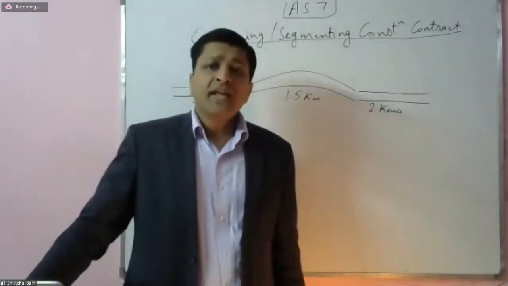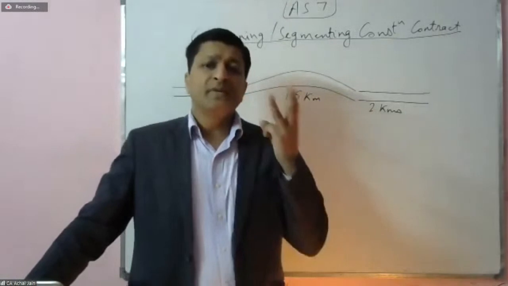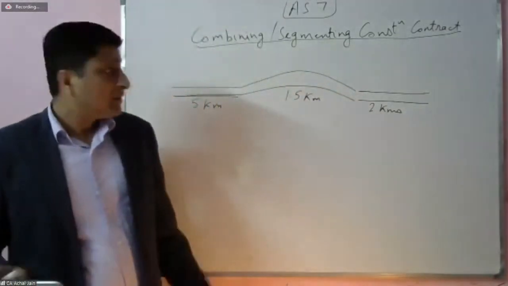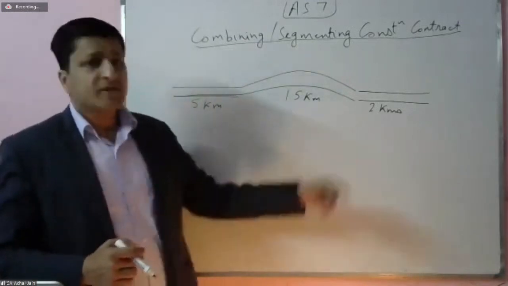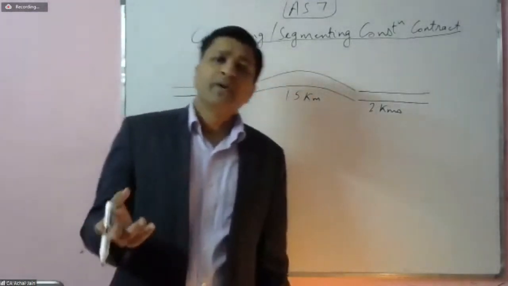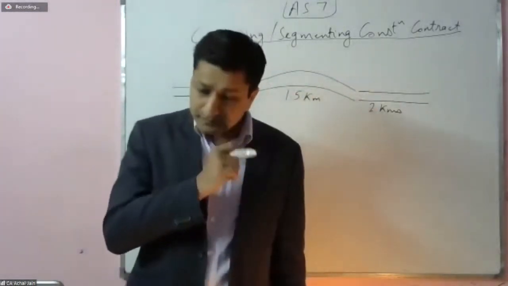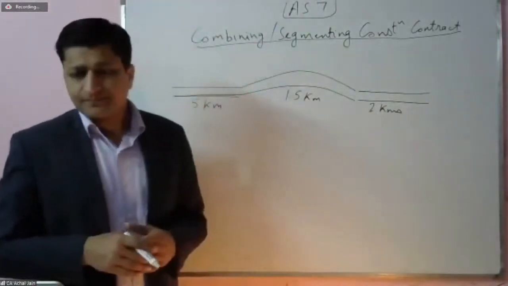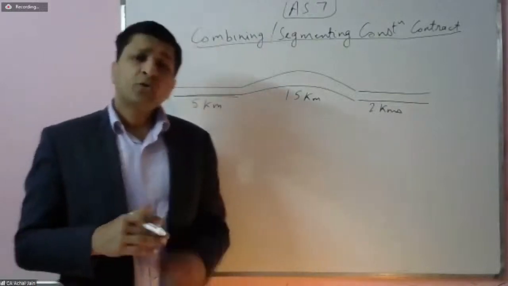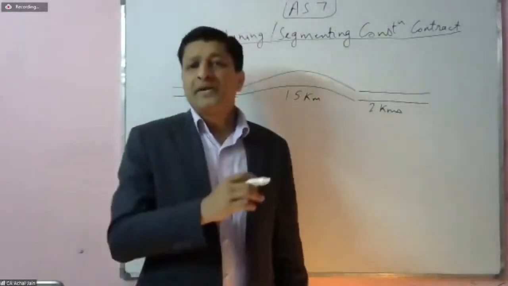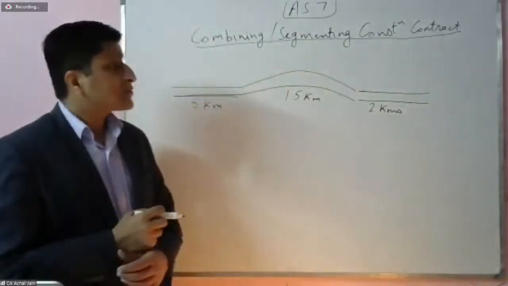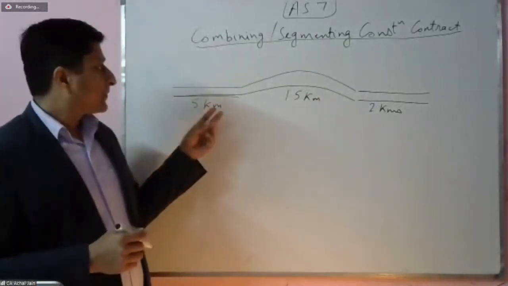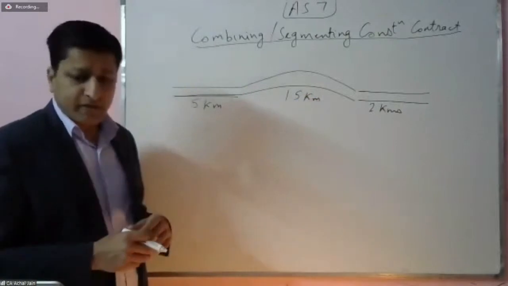Now the authority has asked for 3 bids. 3 separate bids for these 3 projects. So let's call these as different projects. Project 1, Project 2, Project 3. The contractor who has submitted the bid has also submitted 3 bids.